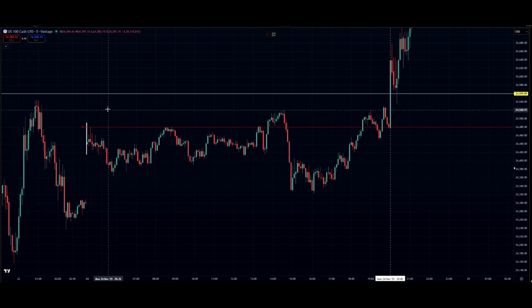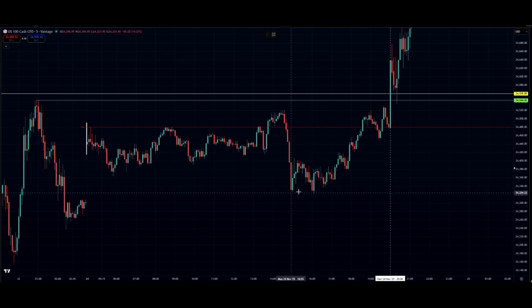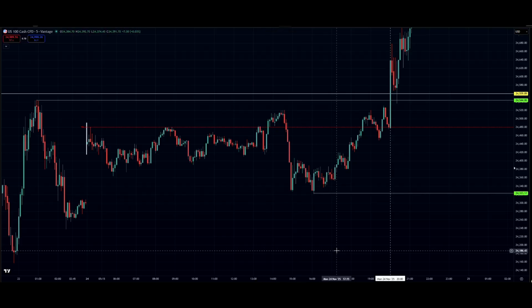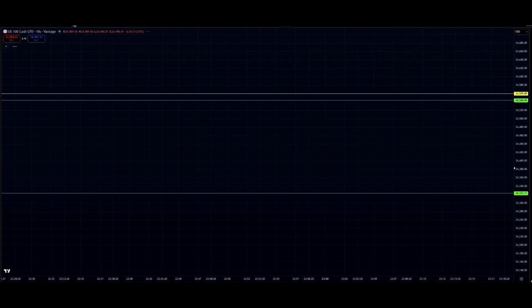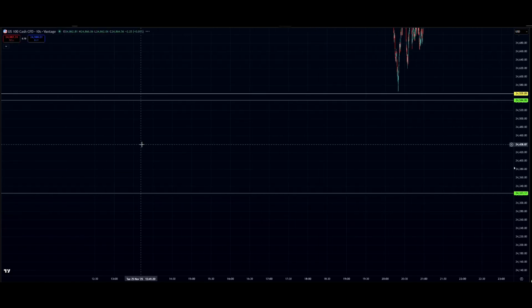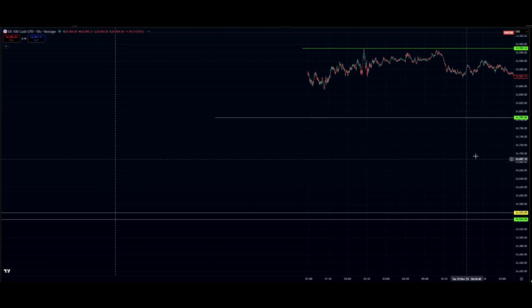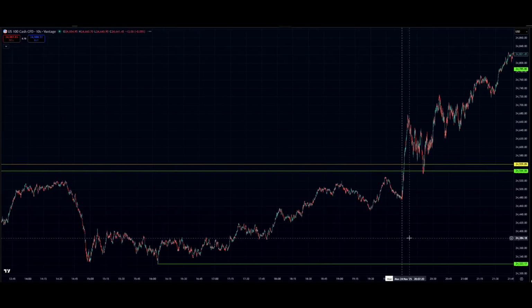The top is here, for example, let's say here. The bottom is here, and move that to the 10-second chart.